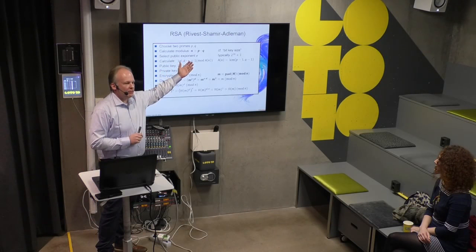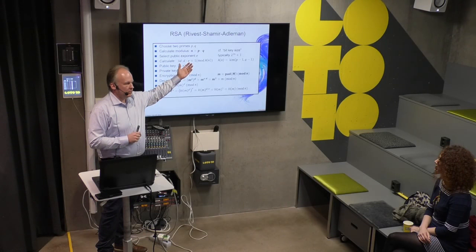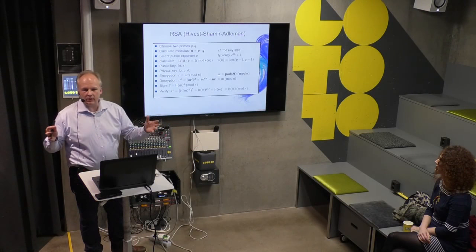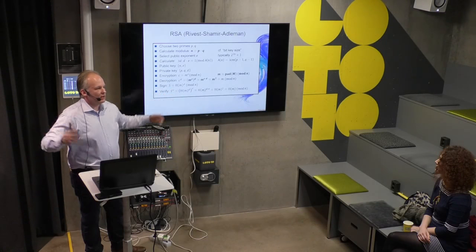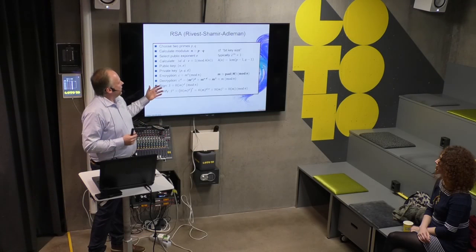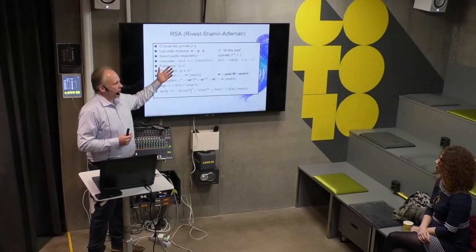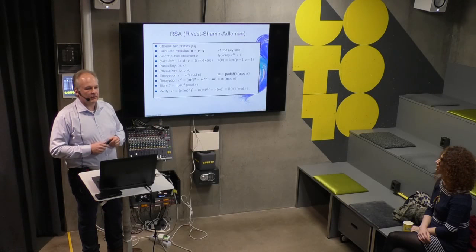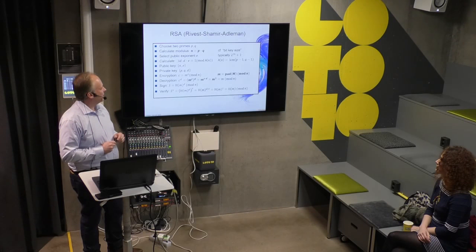If you have two very large prime numbers, you multiply them together. These prime numbers have to be more or less of equal size. And you multiply them. It's very difficult to find these two prime numbers from the product.